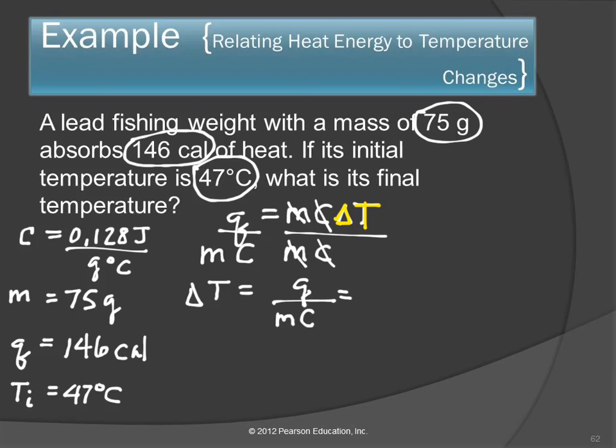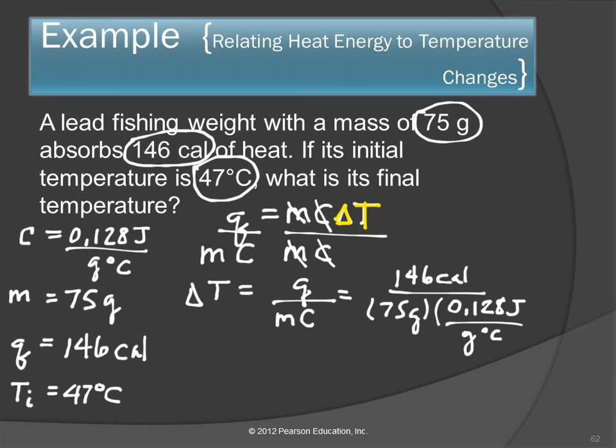So let's plug our numbers in here. Q is 146 calories. Mass is 75 grams. Specific heat is 0.128 joules per gram degree Celsius.